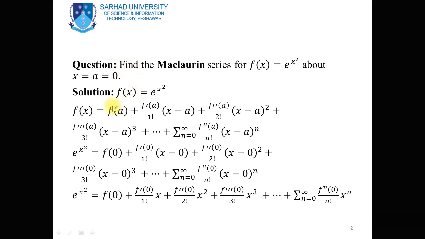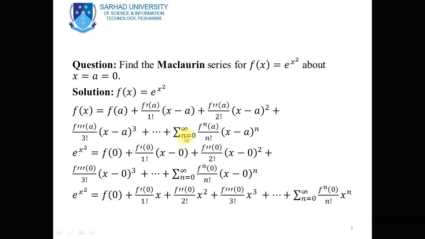So like you see over here, f of x is equal to f of a plus first order derivative of the function at x is equal to a divided by 1 factorial into x minus a, plus second order derivative of the function at x is equal to a divided by 2 factorial into x minus a whole square, plus third order derivative of the function at x is equal to a divided by 3 factorial into x minus a whole cube, plus and so on up to n terms.